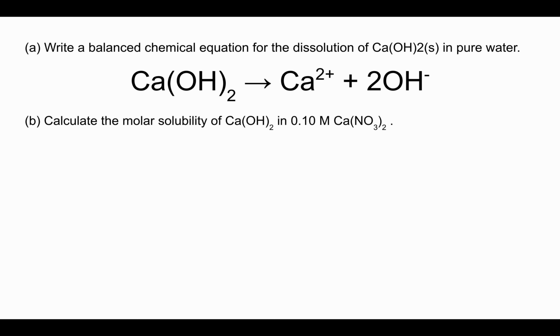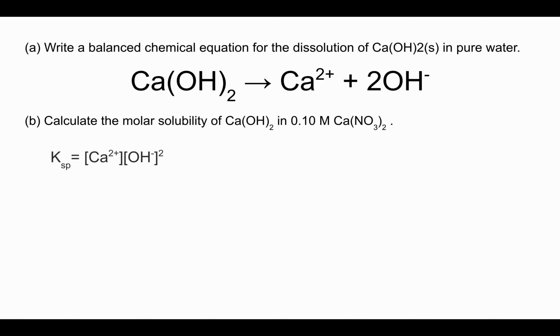Really they're trying to get at setting up a solubility expression. And they're also including a common ion in the form of calcium nitrate. So as you can see, calcium is shared in both of these ionic compounds. So the amount of calcium that is provided by the calcium nitrate is going to affect the solubility of the calcium hydroxide in the solution.